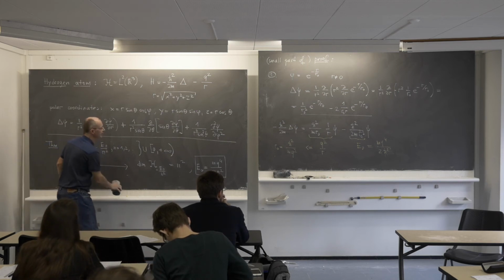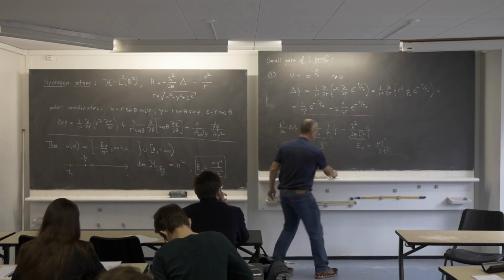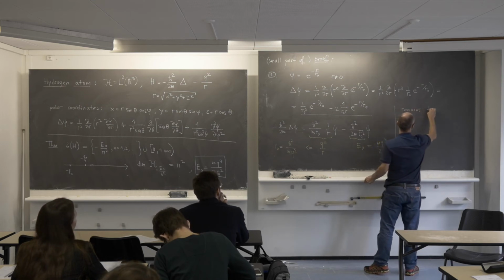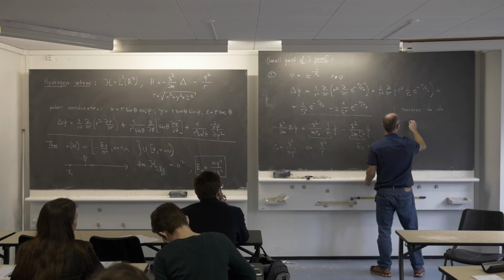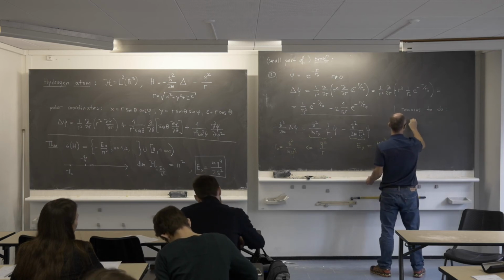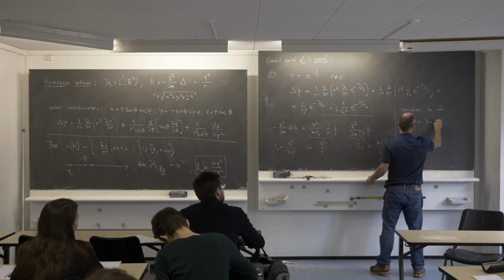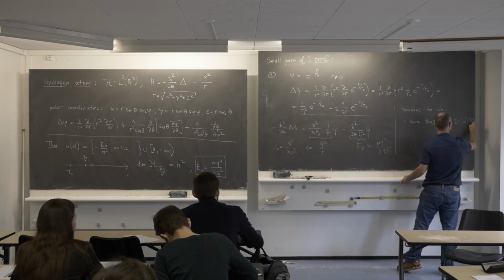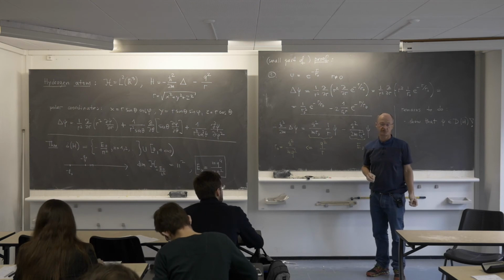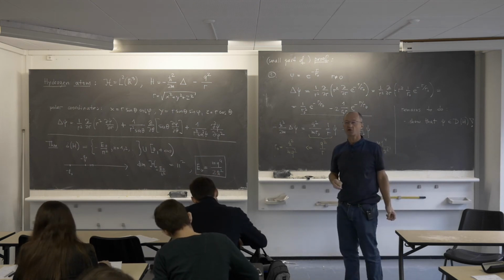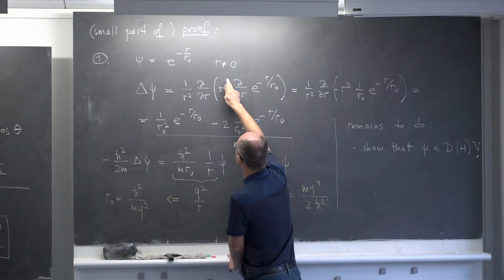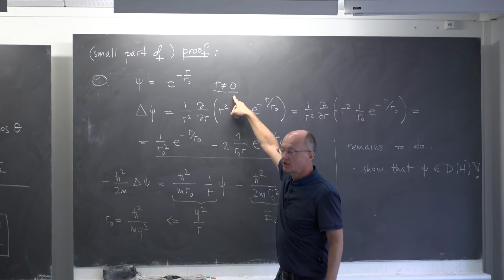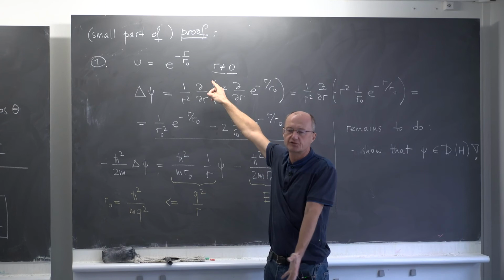So now what remains to do is to show that psi is actually in the domain of H. This is not quite obvious because, you see, I especially stress the fact that R is not equal to 0, so we don't quite know what happens at R equals 0.